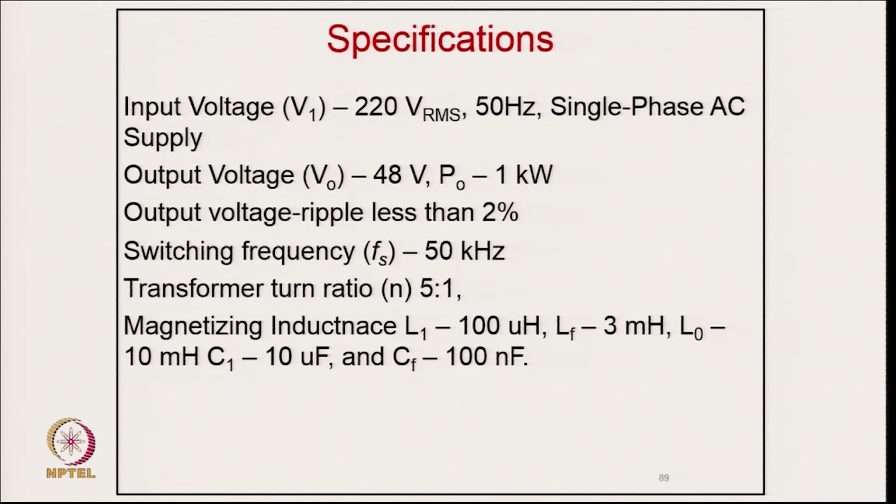And this is the rating again: 48 volt output, 1 kilowatt, with 220 volt, 50 hertz input, output voltage ripple 2%, designed at 50 kilohertz, and turns ratio 5 to 1. Here you can see the input inductor is designed for discontinuous mode and the output inductor for continuous mode, typically 10 millihenry, so only the input inductor, and these are of course the filter elements.